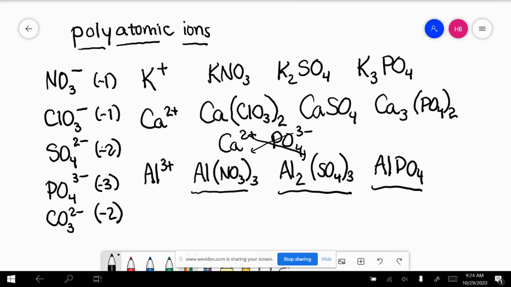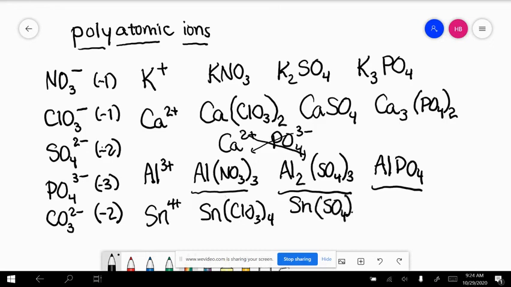If I have a +4 ion, it's going to take 4 -1 polyatomic ions, two -2 ions, and if I have the -3 ion, I'm going to swap the charges.